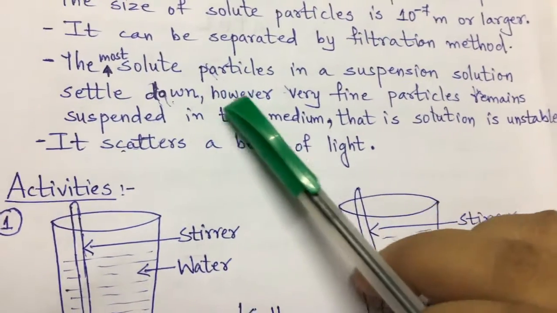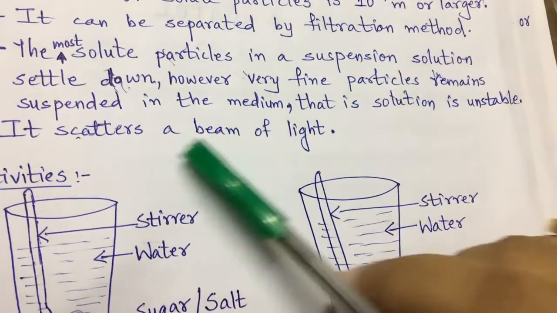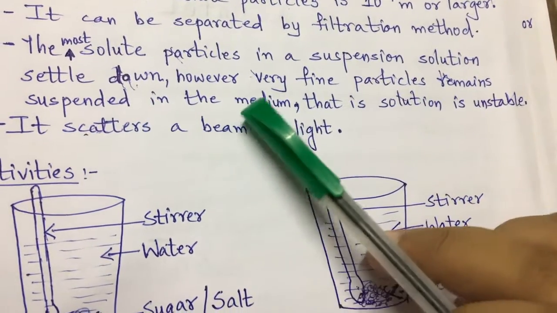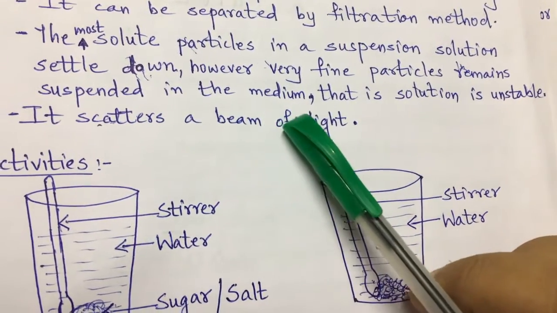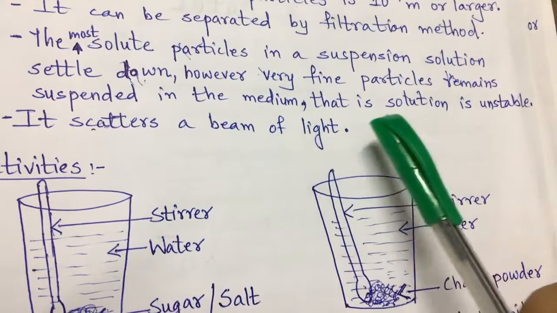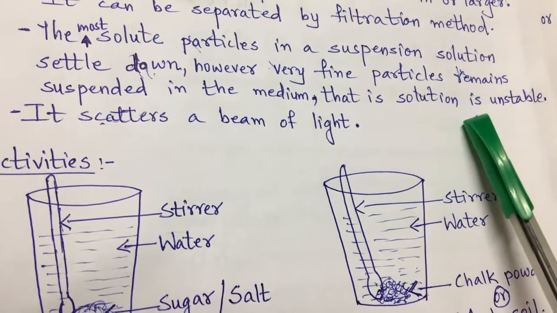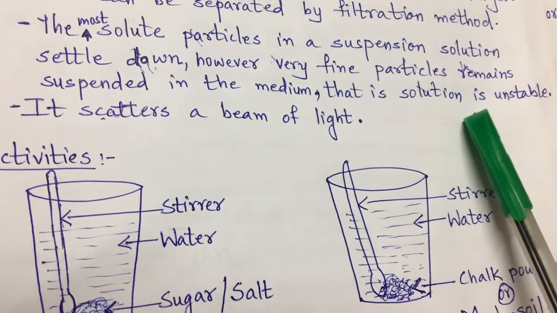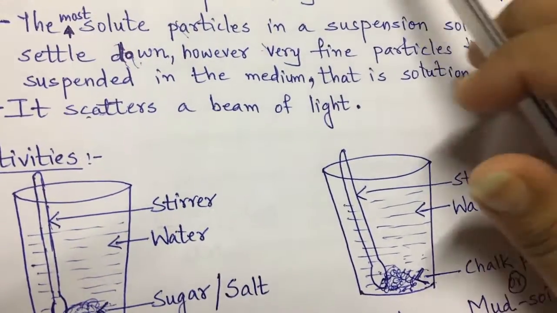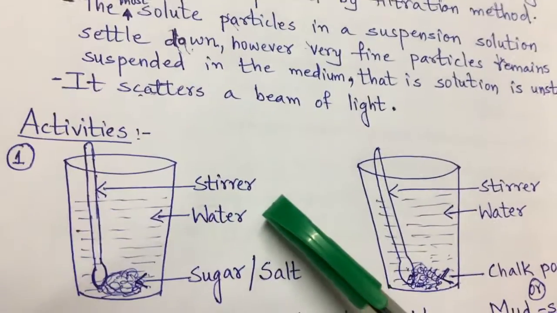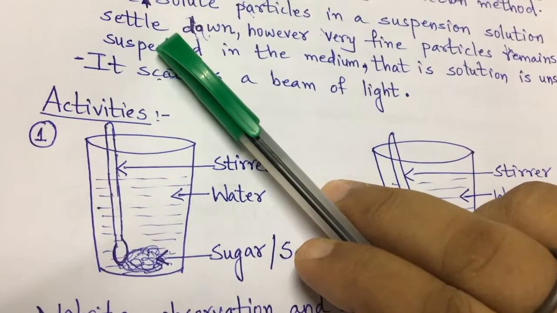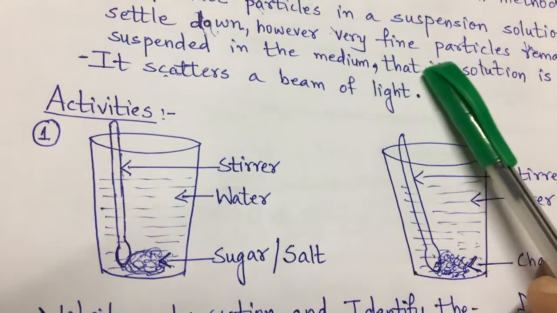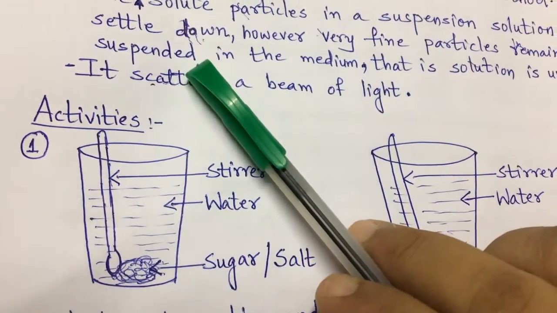Most solute particles in a suspension solution settle down. However, some very fine particles remain suspended in the medium. So the solution is unstable. If you take soil or chalk and dissolve it, then after some time you will see certain particles settle down and certain particles remain suspended.